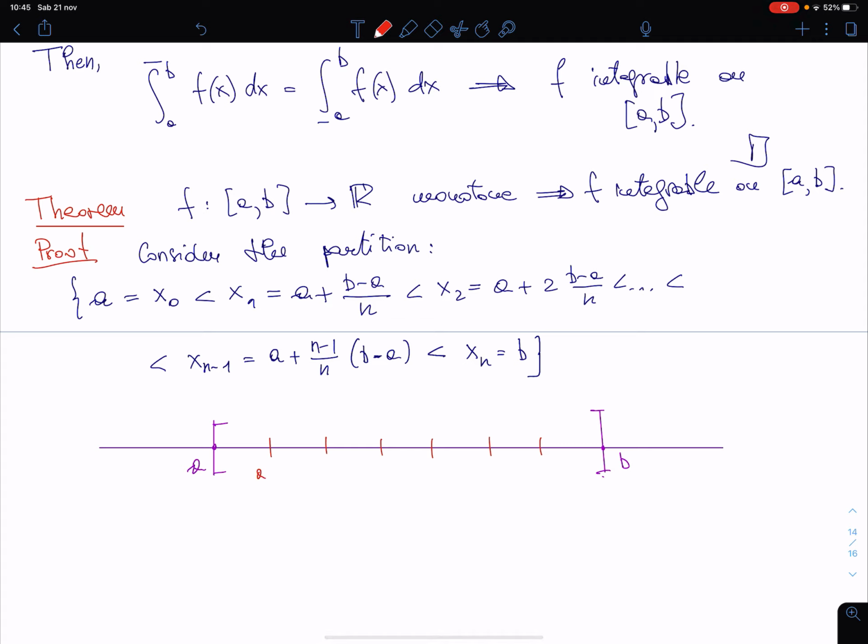The first point here is a plus the size b minus a divided by n, and so on and so on. And now this partition is P.